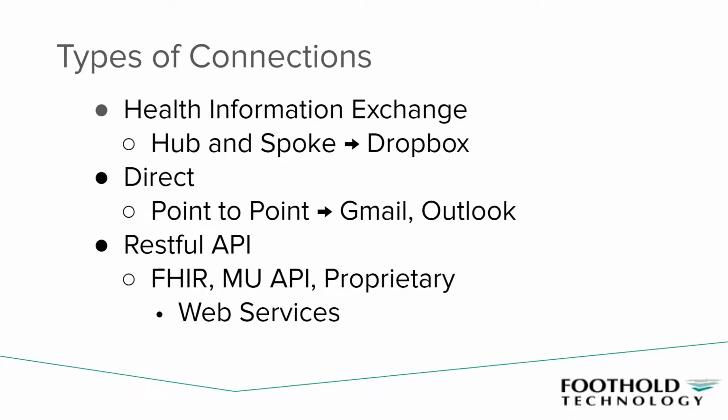So awesome, cool. What, in the abstract, are these types of connections? There are a few prominent types. I think the first is health information exchange, and this is what everyone might be most familiar with. It's called different things in different states, different states have different numbers of them, and some are public and some are private.